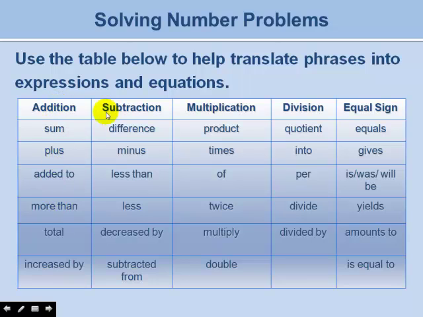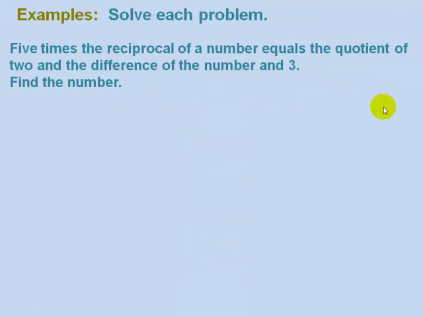So we've got several that translate into addition, subtraction, multiplication, division, and then several different words or phrases that translate into an equal sign. Okay, so if we have a problem like this, the first thing that we want to do is translate from the words into expressions and an equation.